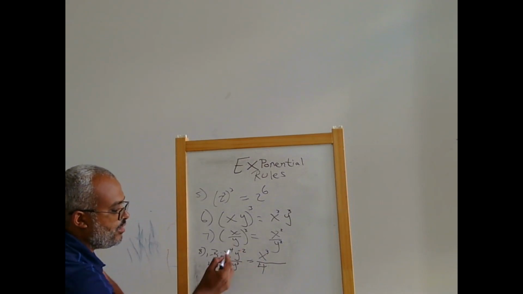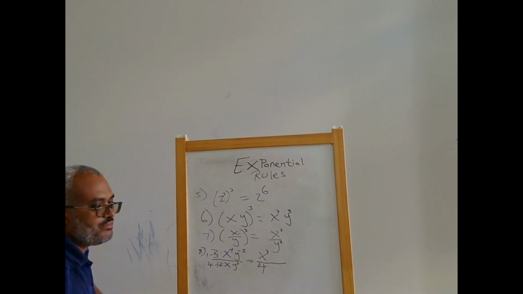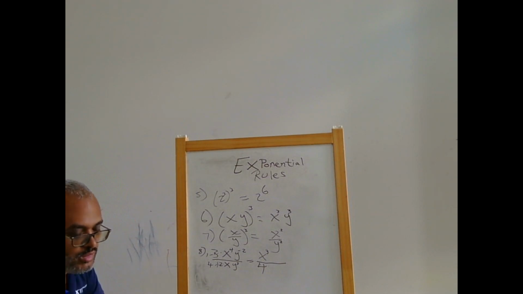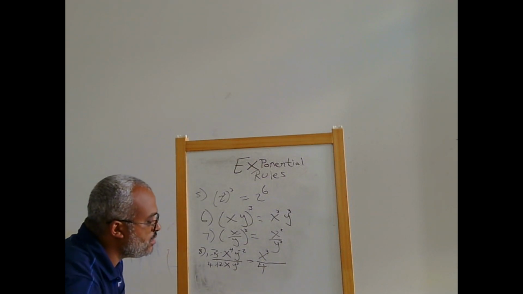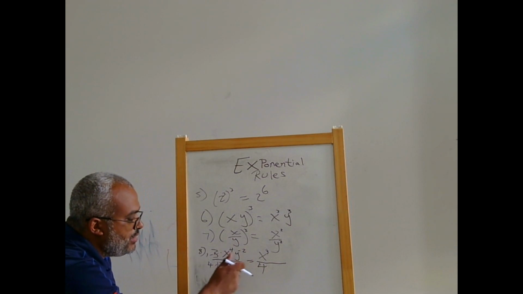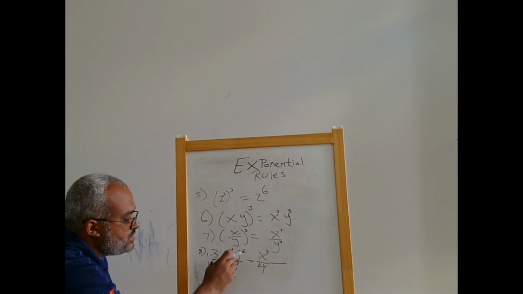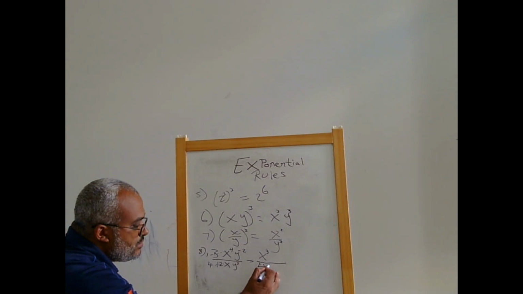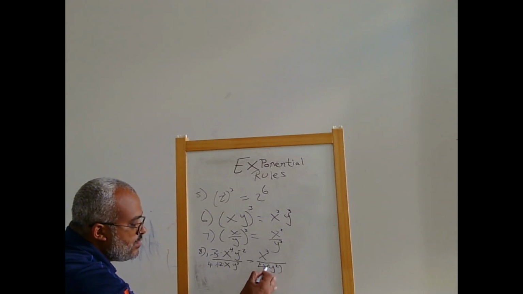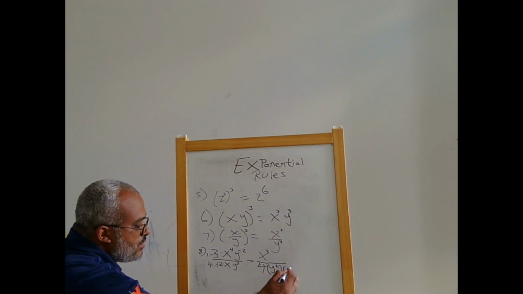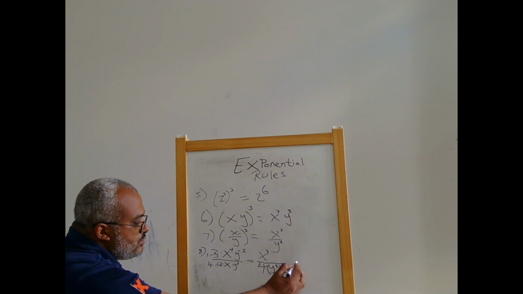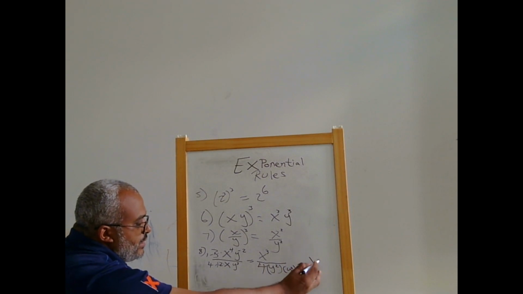Now for y, what do we do when I have a negative exponent? We flip it. So instead of y to the negative 2 here, it goes down here, so y squared, times y cubed, which gives x cubed over 4.